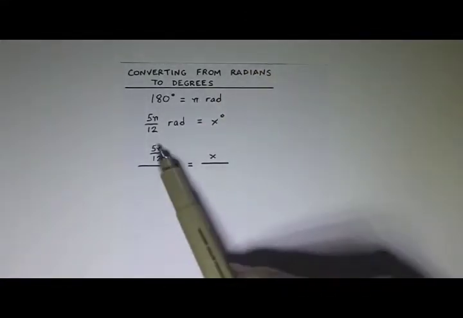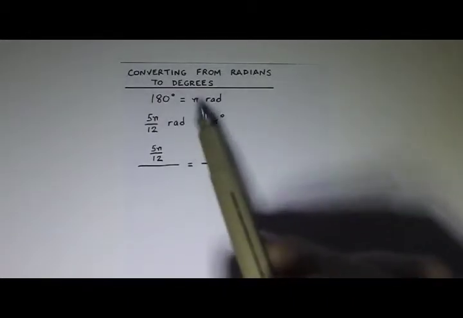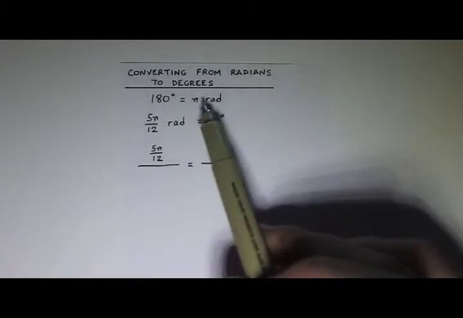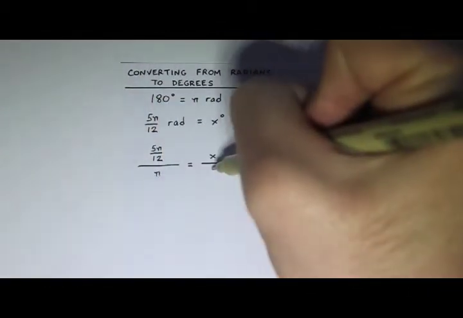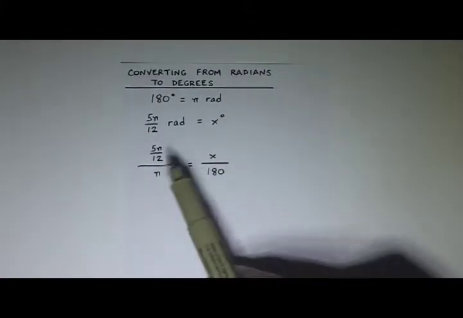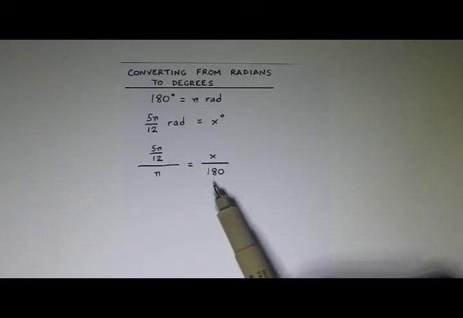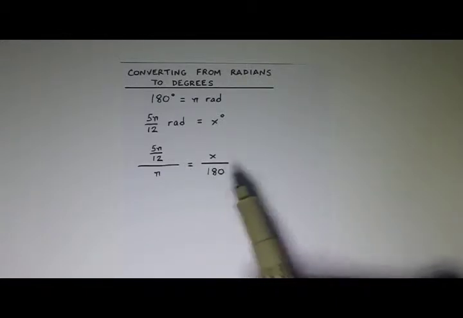Okay, so this is radians and this is degrees. Radians equals degrees, so I need radians down here. So I'm going to make sure I do the right order here. I want to make sure the pi is down here. So that's pi, and that means 180 goes over here. Okay, now I have radians equals degrees, radians equals degrees. This works.